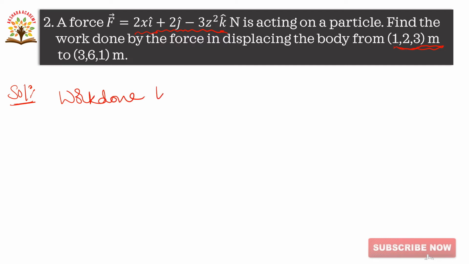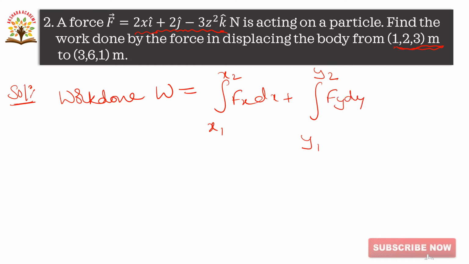Work done W is equals to, here we are doing this integration, x1 to x2 Fx dx plus integration of y1 to y2 Fy dy plus integration of z1 to z2 Fz dz.